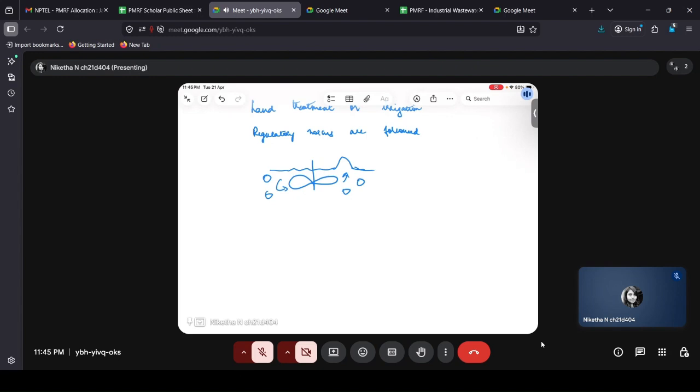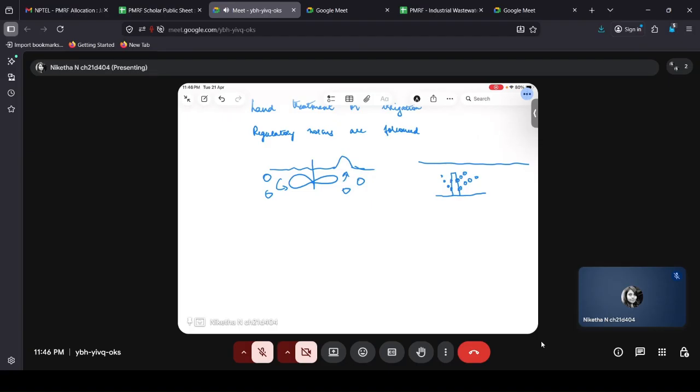But a diffused aerator is something like this. Imagine this is the water level. In a diffused aerator, air bubbles are introduced through small tiny pores.